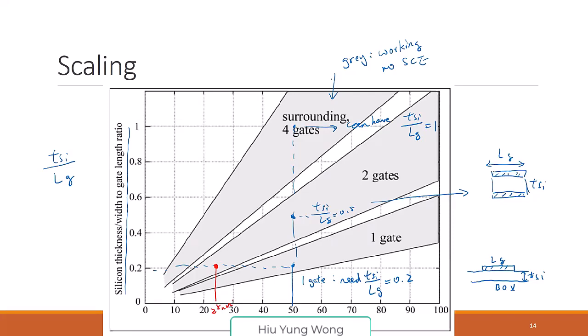For single gate, you can only scale to 50 nanometer. So if you use single-gate SOI, the smallest one you can do is 50 nanometer when TSI over LG is 0.2. But if I use double gate, I can scale it to 25 nanometer. And for 4 gates, then I can even scale to 10 nanometer. Is that clear? Any questions?